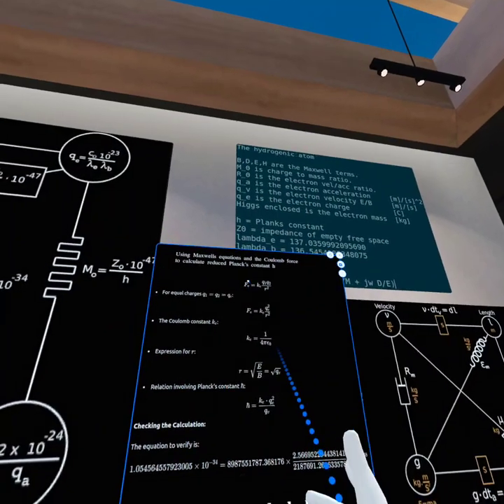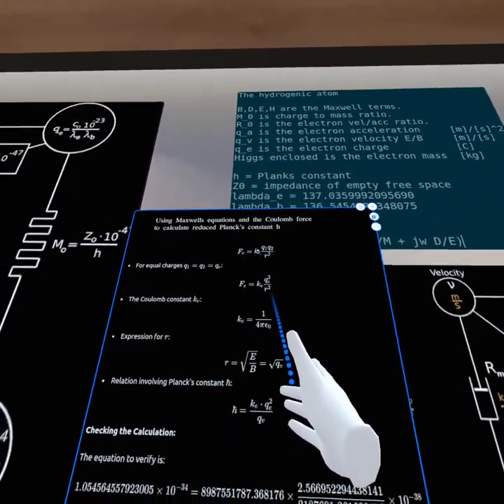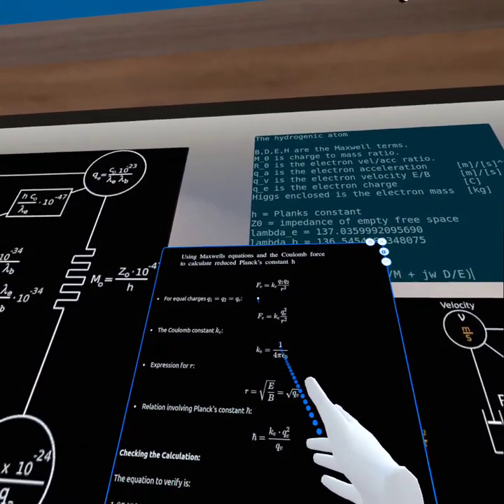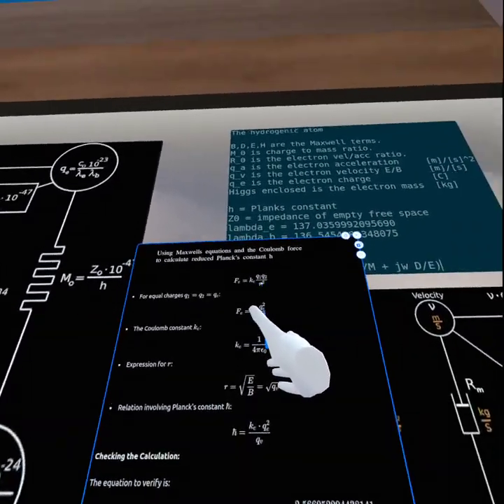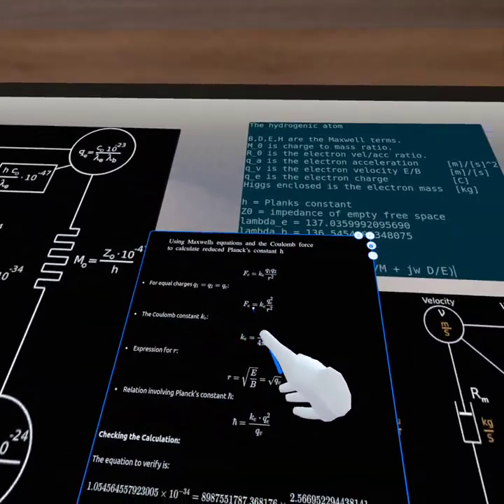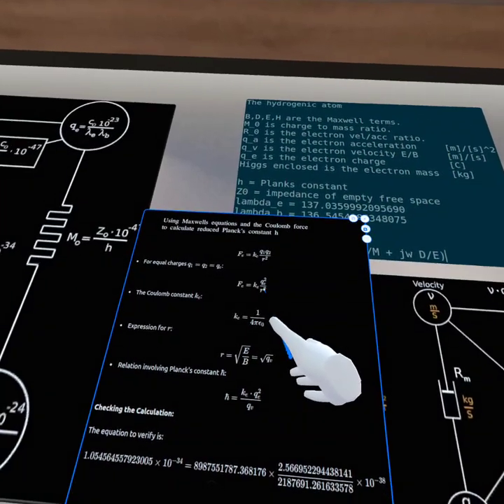So what we do is we say that the force of the electron is equal to the Coulomb constant, which is for electricity just as G is for the gravitational one. We have Q1, Q2 divided by the square of the distance between them, and because Q1 equals Q2, we end up with this, which is QE squared over R squared.